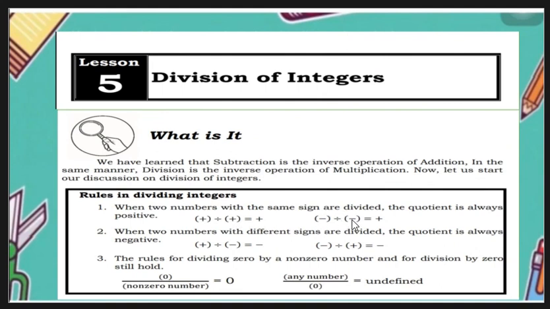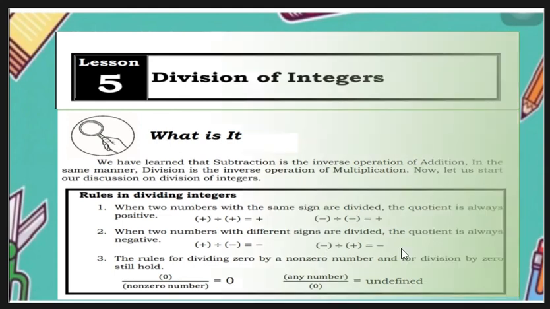Negative divided by negative is equal positive. When two numbers with different signs are divided, the quotient is always negative. Positive divided by negative equals negative. Negative divided by positive equals negative.